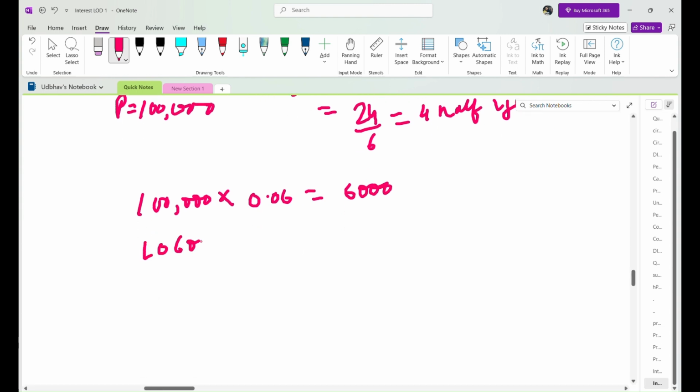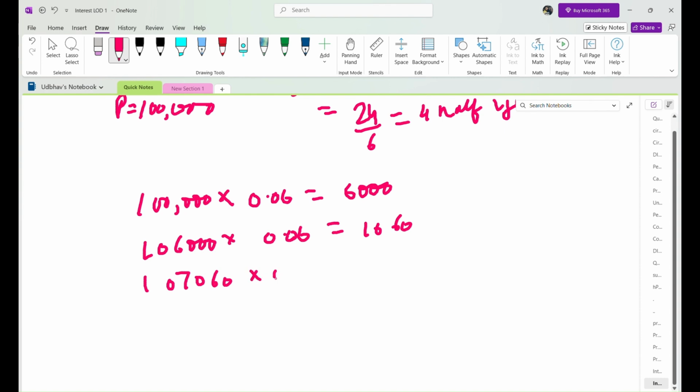So 1 lakh 6,000 for another 6%, we'll get 6,360. So 1,06,360 into another 6%. Oh, I did wrong here.